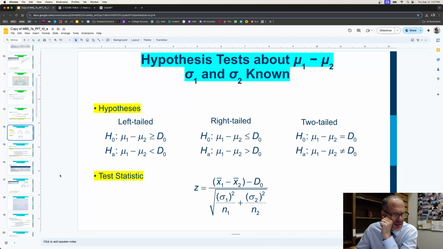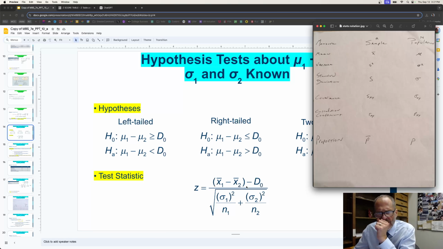If you take a look at the notation in that formula, you can see the sample means. Let's bring up our little notation guide. We have the sample mean difference minus the difference we're hypothesizing, which in this example is 0, though there could be situations where the difference is not 0.